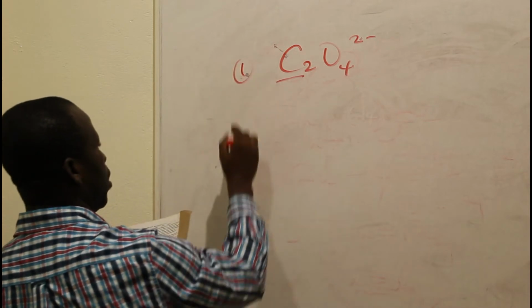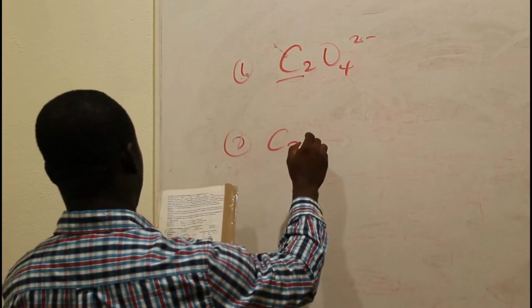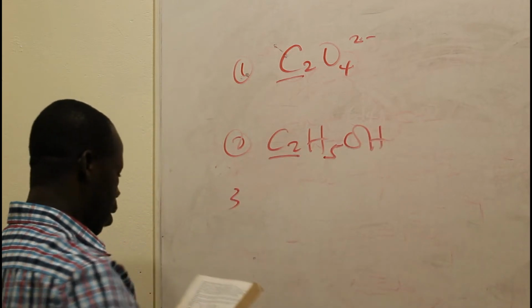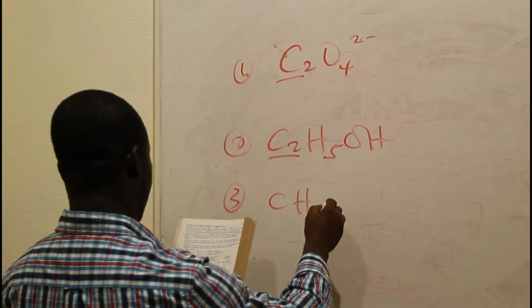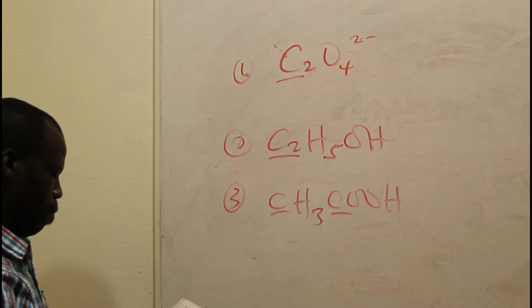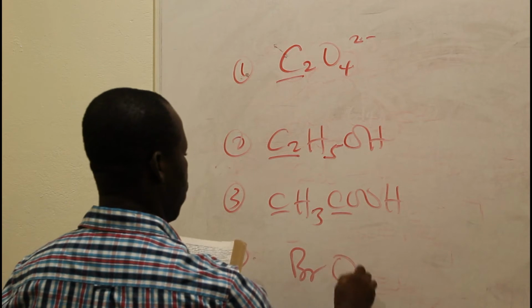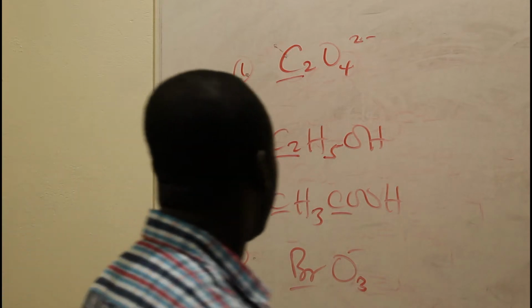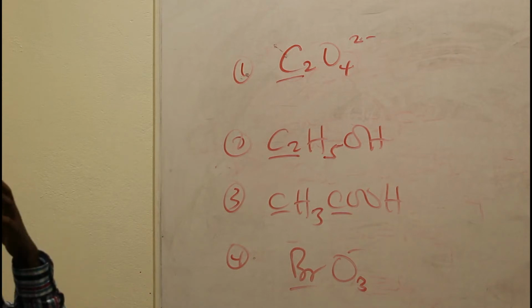Line 1, 2, line 1, 3. So work this out for me by determining the oxidation state of the underlined compound.